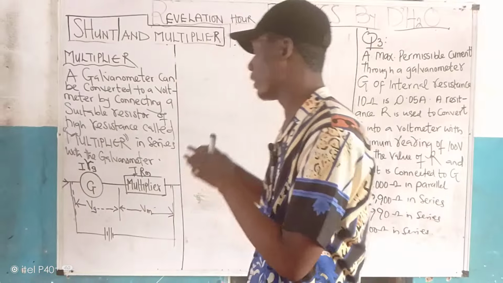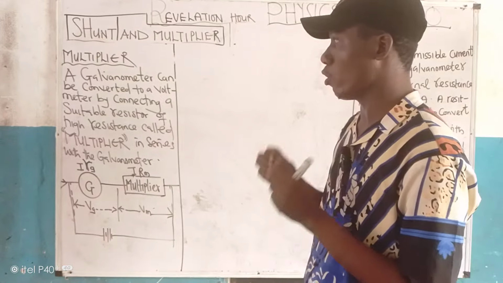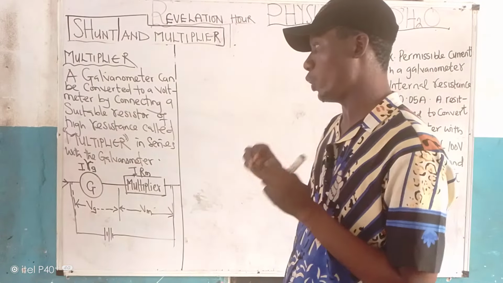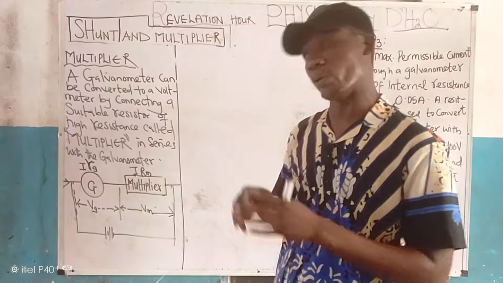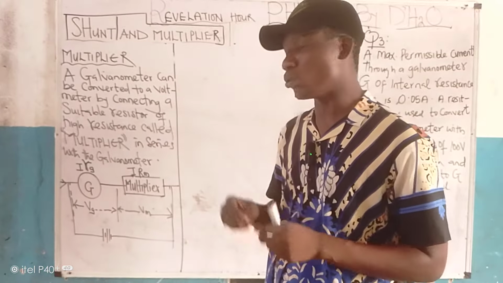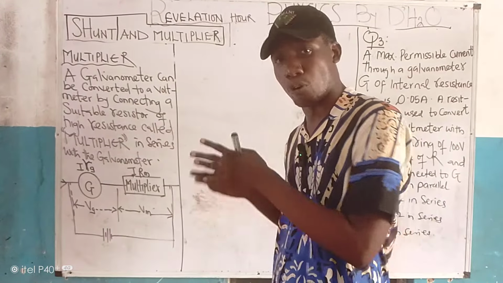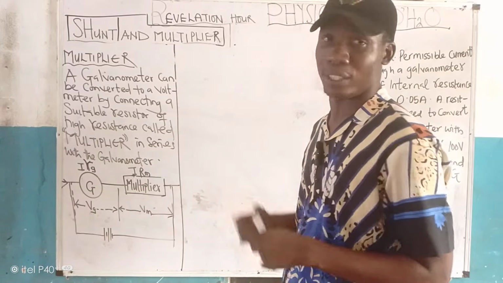Remember, we talked about conversion of galvanometer to ammeter. Now we want to talk about conversion of galvanometer to a voltmeter. How do I convert a galvanometer to a voltmeter? Remember, a voltmeter measures voltage, but you can make your galvanometer measure voltage by just doing this. What do you have to do? Very easy.